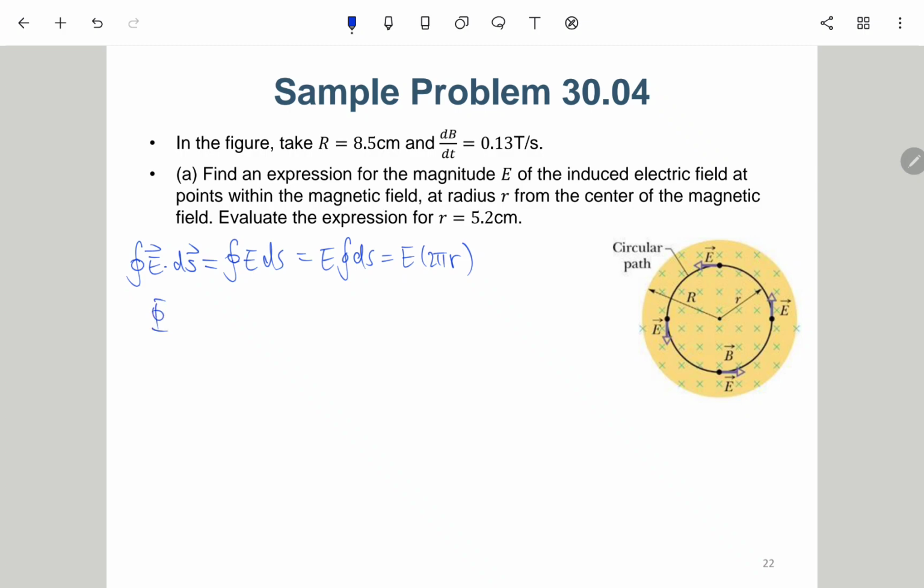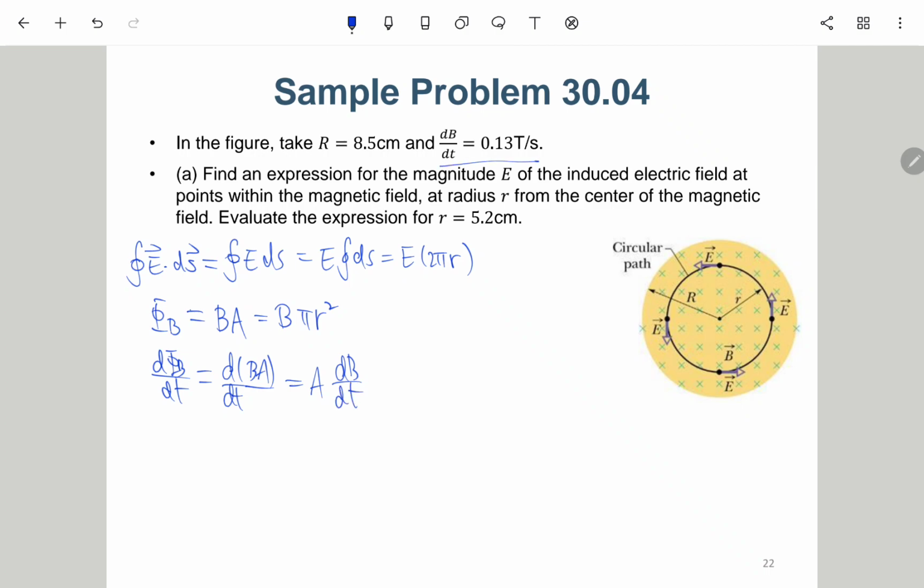First of all we write out phi B, the magnetic flux, which is B times A. So this is nothing but B times pi r squared, the area of a circle, and then we can take the derivative of phi B. So it is d/dt of B times A, and actually A is constant in time, so we can just put it outside, and then we have dB/dt.